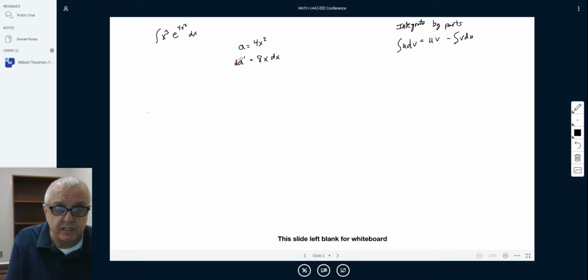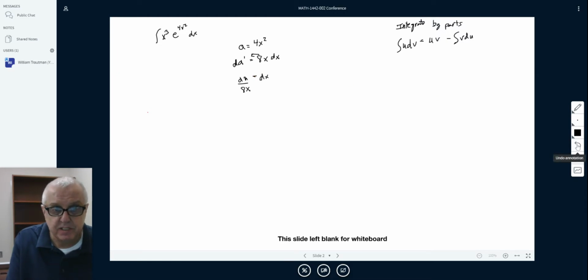So we could write it a prime or dA. If I now solve for dx, I get dA over 8x, right? Just bringing the 8x to the other side.